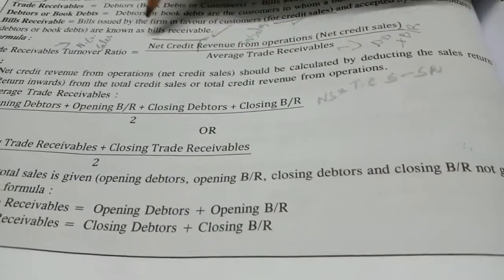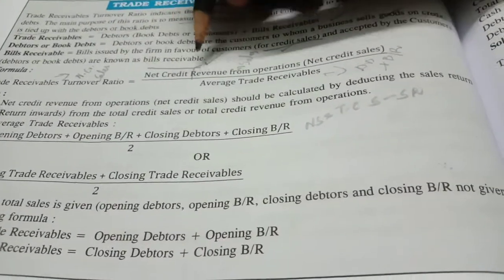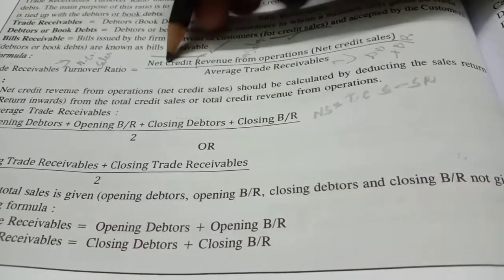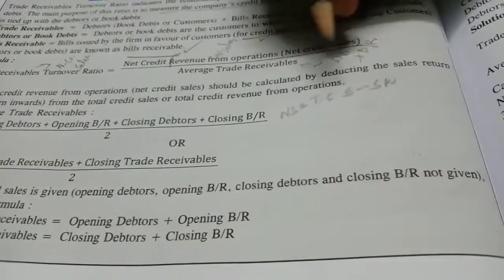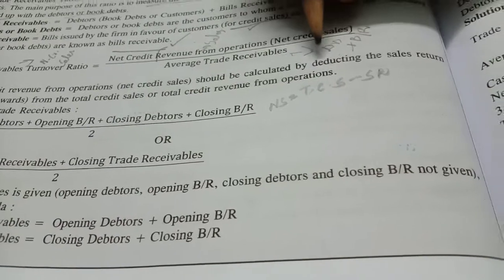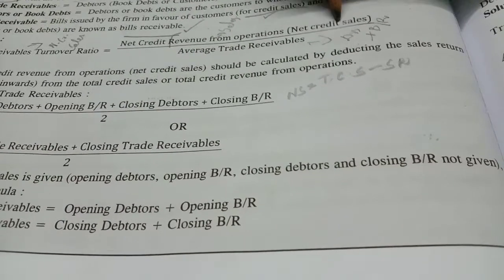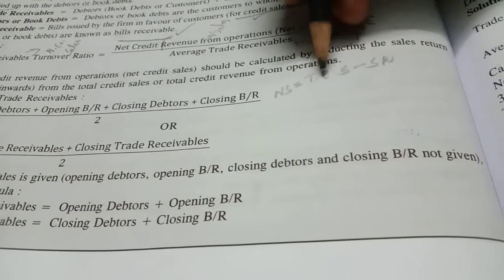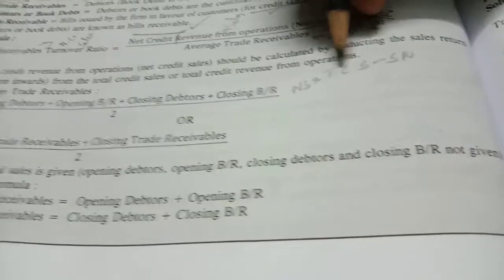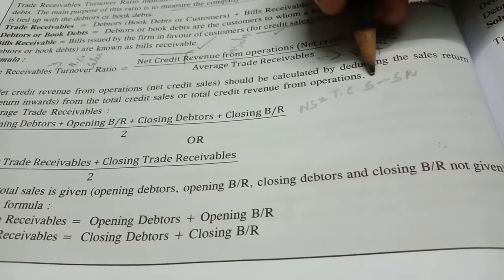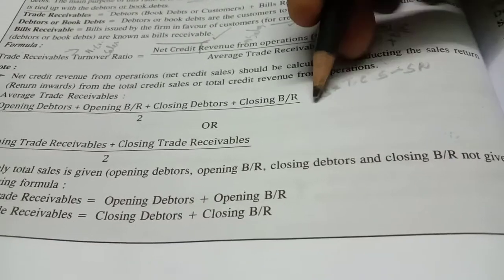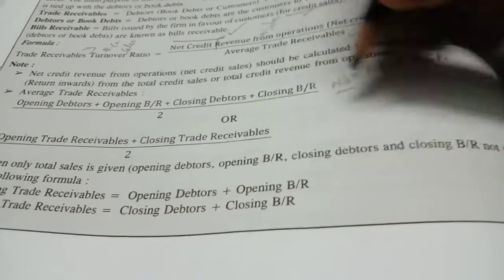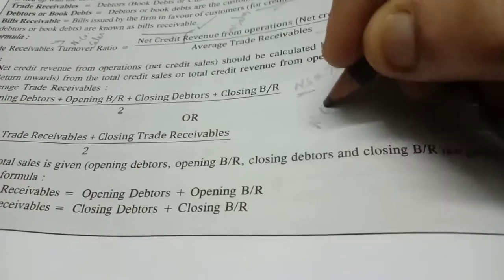Net credit sales should be calculated. We already know, no? Credit sales means total credit sales. From the total credit sales, we subtract the sales return. We will get the net credit sales.